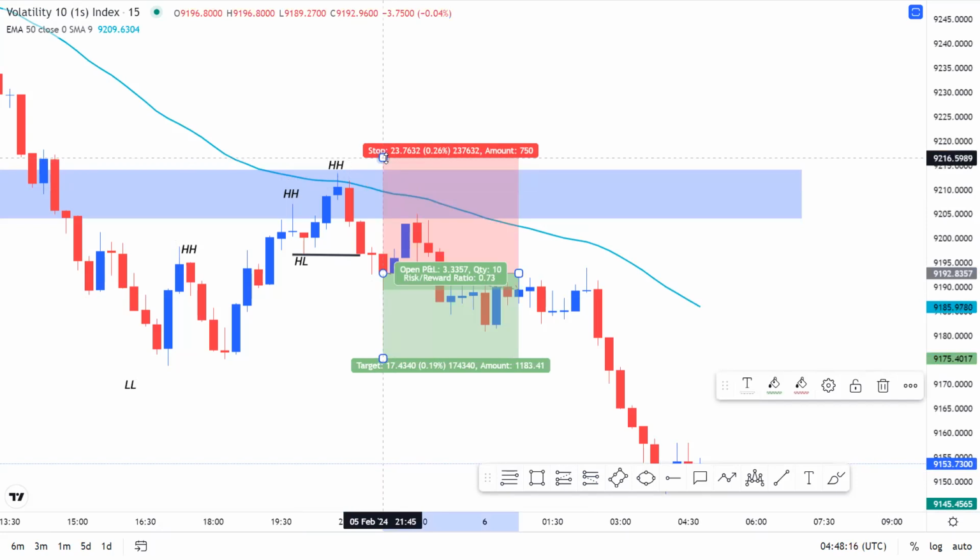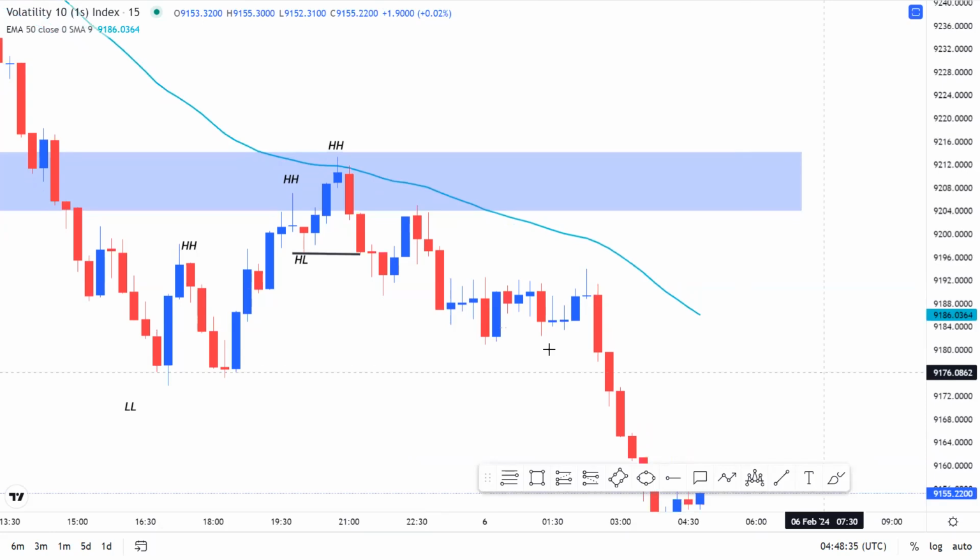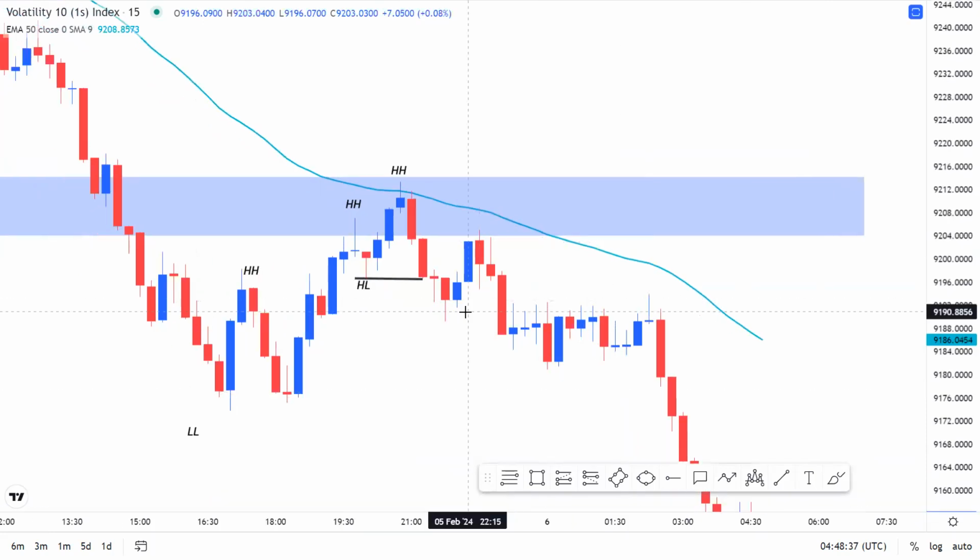But I went in for the second entry criteria, which is when we have a break of the lower time frame structure, clearly aligning the lower time frames with the 1 hour time frame. This is where usually I would wait for a little 15 minutes time frame retracement, just to give me a better risk to reward trade.